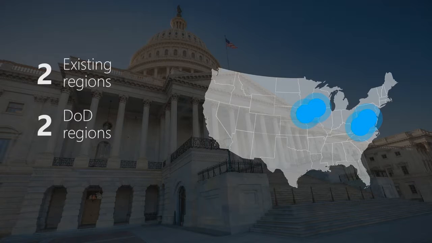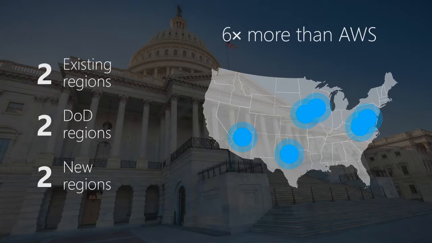That's to meet DoD separation requirements that are part of the DoD SRG Level 5 requirements, so that we have dedicated hardware and dedicated regions that are only for DoD customers. And as I mentioned, we have two additional regions coming online in 2017, so that will be further building out our government dedicated infrastructure to now have a total of 6 regions.